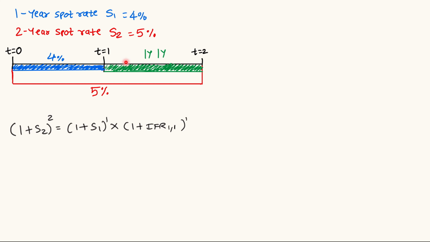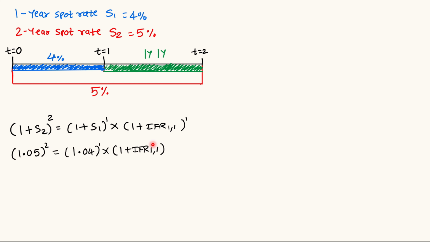Okay. So here we have (1 plus S2) squared, where S2 is the spot rate for 2 years, squared because we're taking compounding effects here, equal to (1 plus S1) times (1 plus the implied forward rate). So all it's saying is if you're borrowing or lending at 5%, it should be equal to the spot rate of year 1 times the implied forward rate for year 2.